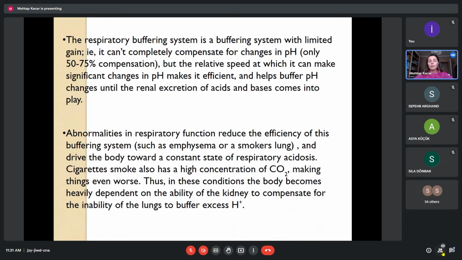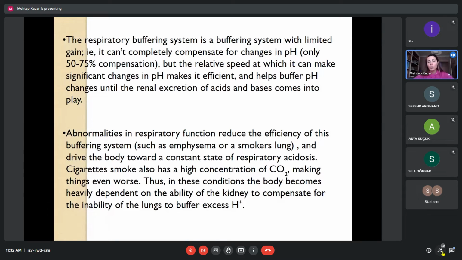A respiratory buffer system is a buffer system with limited gain. It cannot completely compensate for changes in pH; it is responsible for only 50% of compensation. We need another way. Of course, we need kidneys for total compensation. And abnormalities in respiratory function reduce the efficiency of this buffering system.